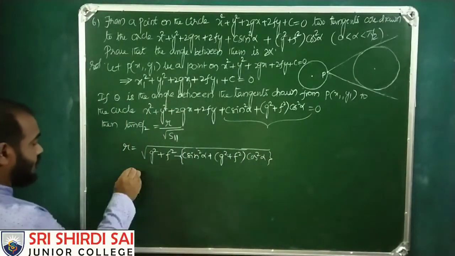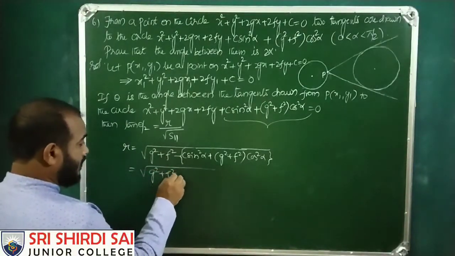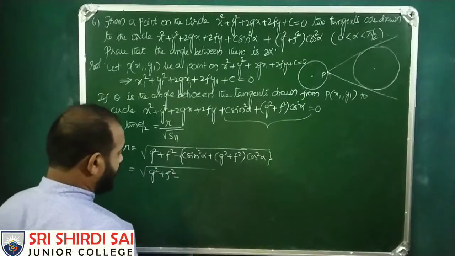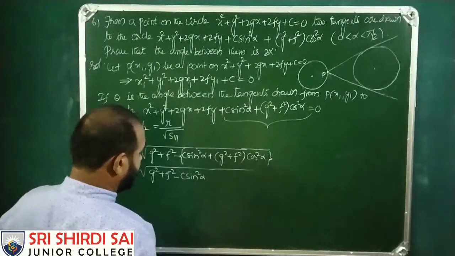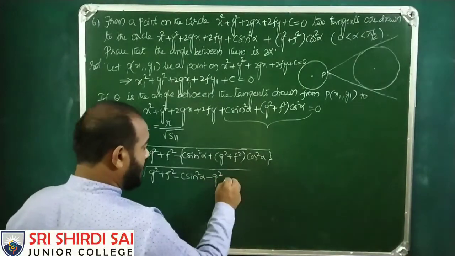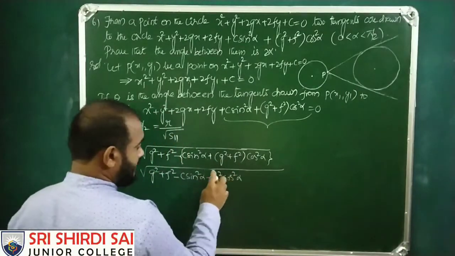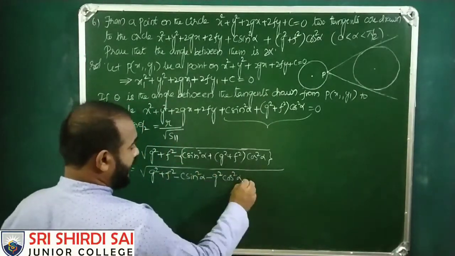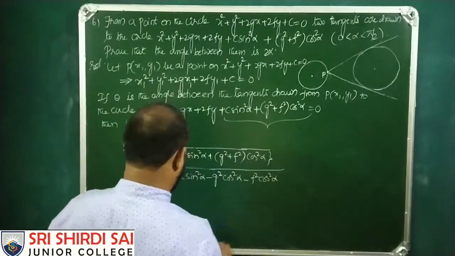This is equal to g square plus f square minus c sin square alpha minus g square cos square alpha minus f square cos square alpha.